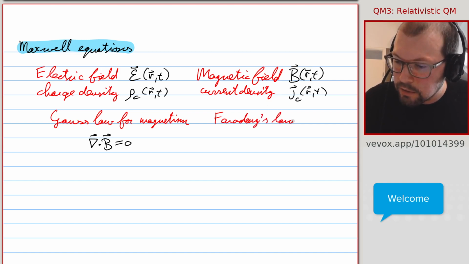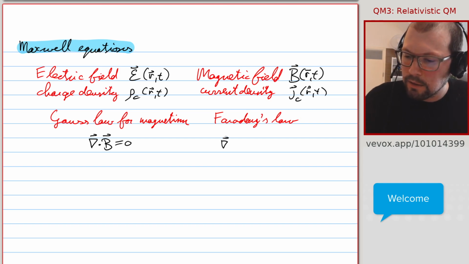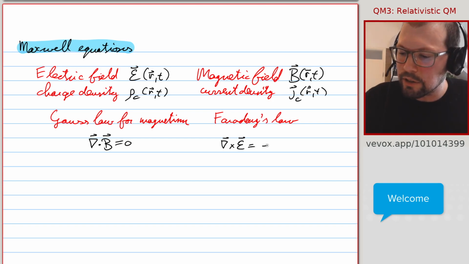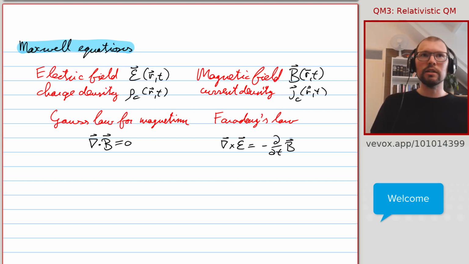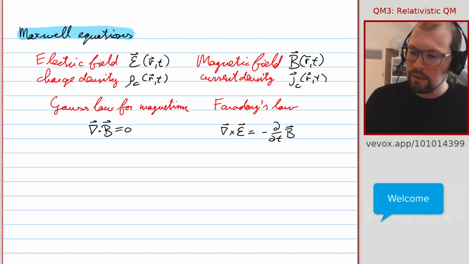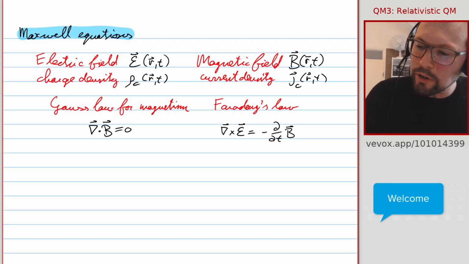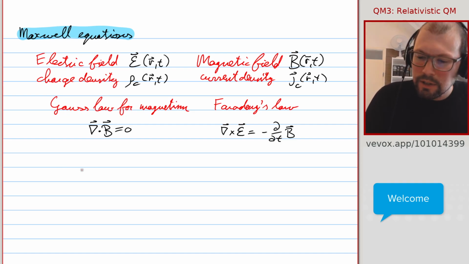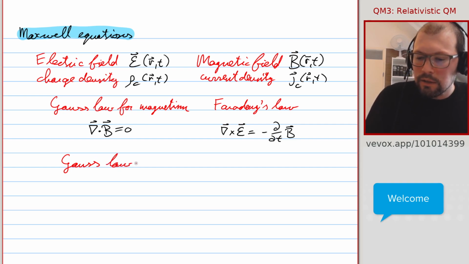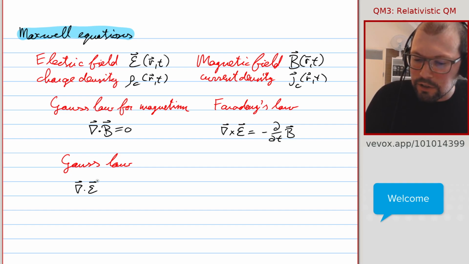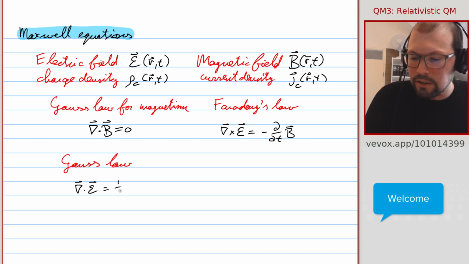Faraday's law, which says that the curl of the electric field agrees with the time derivative of the magnetic field. So this we experience very well in our electromotors. The Gauss law for the electric field, which says that the divergence of the electric field is related to the charge density.